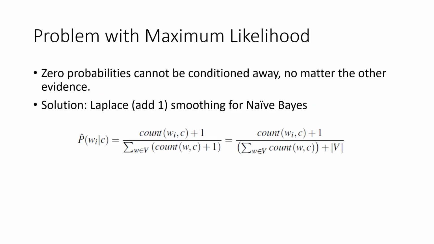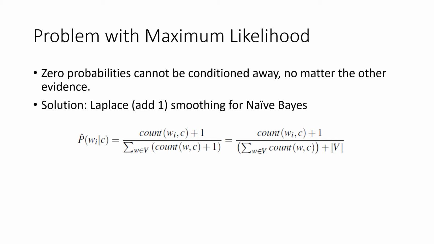A problem with maximum likelihood may appear if we have some new words in our test set that did not appear in the training data set. These zero probabilities cannot be conditioned away, no matter the other evidence. Since Naive Bayes naively multiplies all the feature likelihoods together, zero probabilities in the likelihood term for any class will cause the probability of the class to be zero.